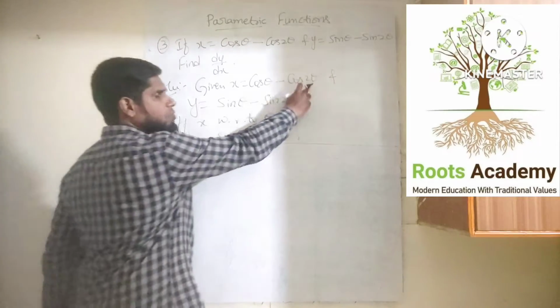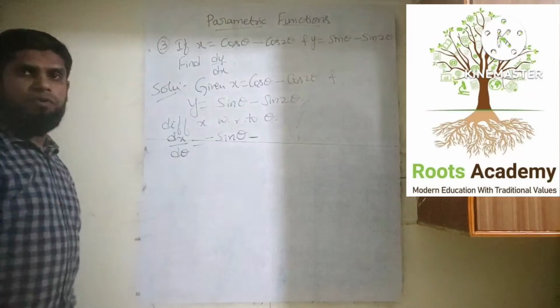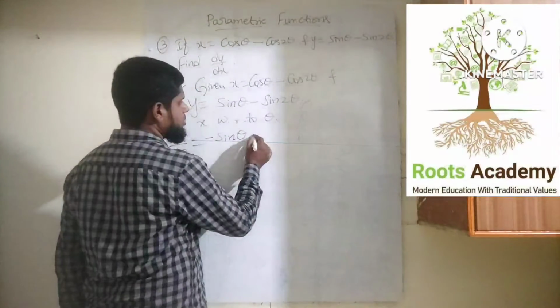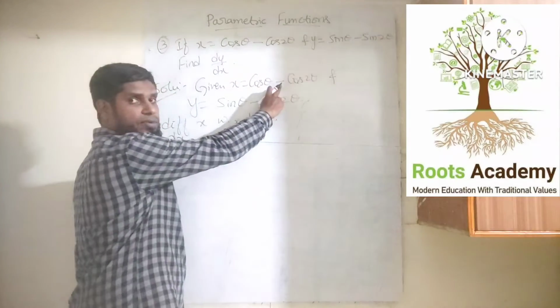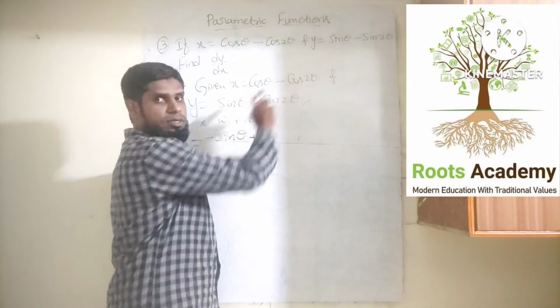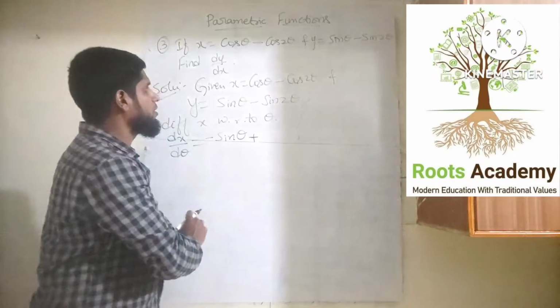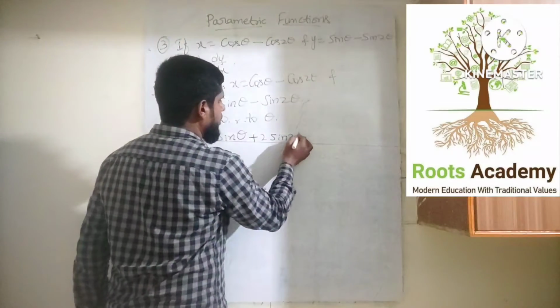We have minus cos 2 theta here, so minus as it is. Derivative of cos 2 theta is minus into minus, it is plus, because derivative of cos is negative. Already one negative exists here, so two negatives means it is considered as positive. So that's the reason I wrote plus here. So it is 2 sin 2 theta.